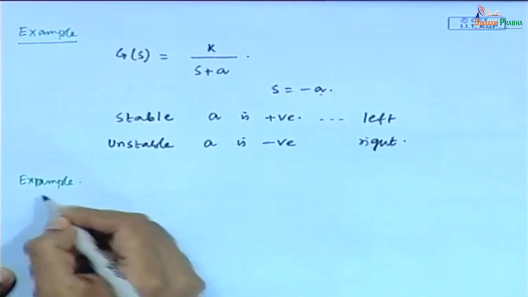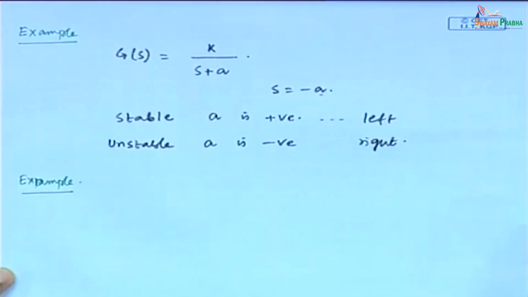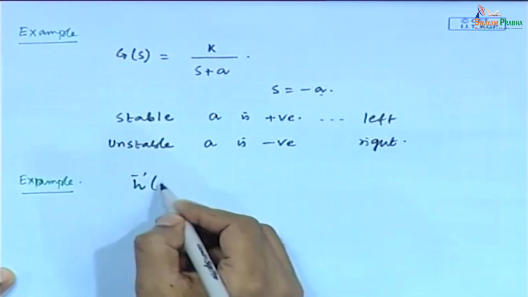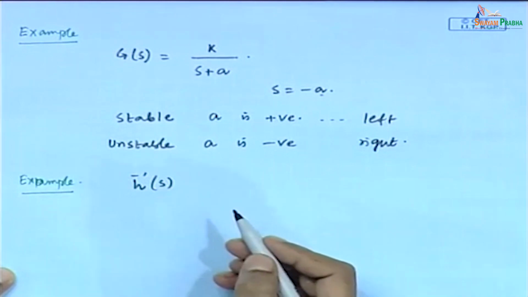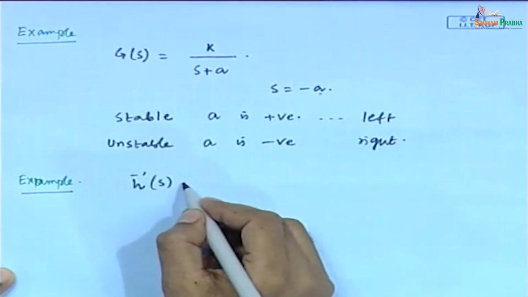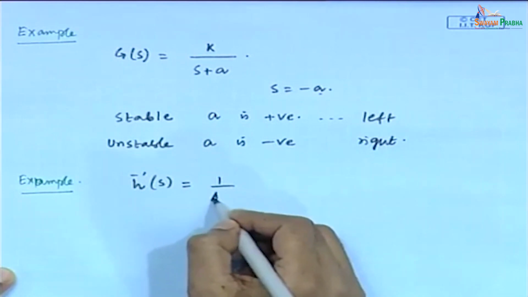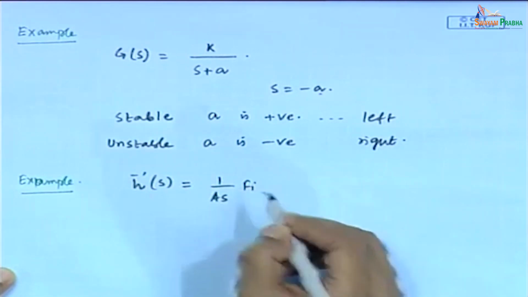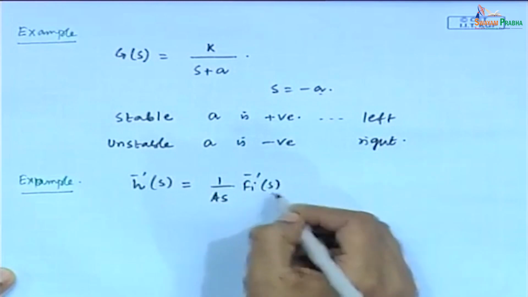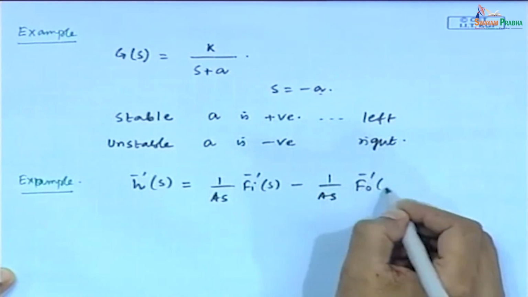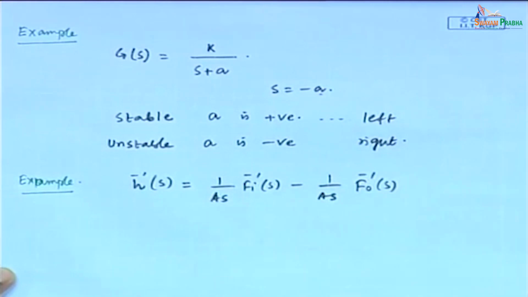Another example we can consider, that is the liquid level system. For the case of liquid level system, we got the transfer function that is 1 divided by A s, F I bar prime s minus 1 divided by F s, F naught bar prime s.